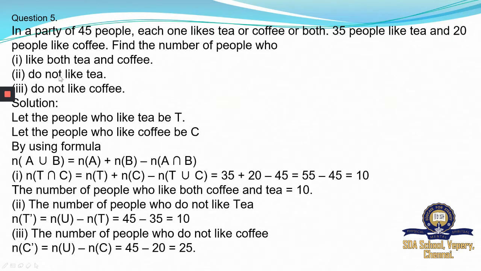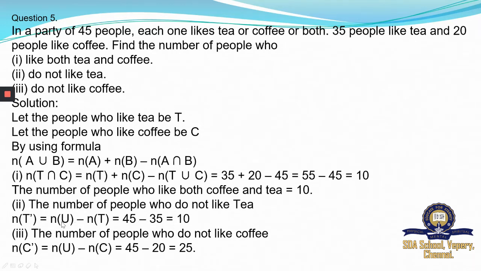Next, what are we supposed to do? We are supposed to find the number of people who do not like tea. This is very simple. We know how to find the complement, right? So let us write it with the help of a formula. The ones who do not like to drink tea, let us represent them with T complement. n of T complement equals n of U minus n of T. This is the formula.